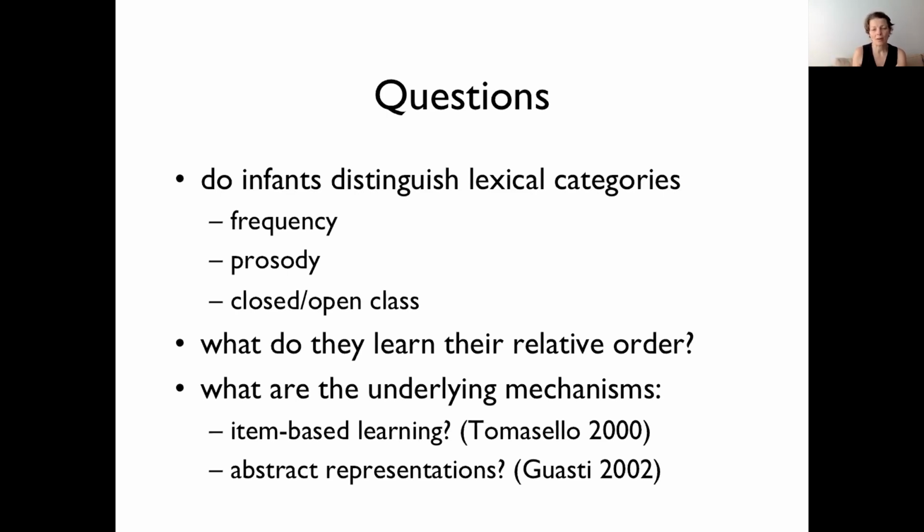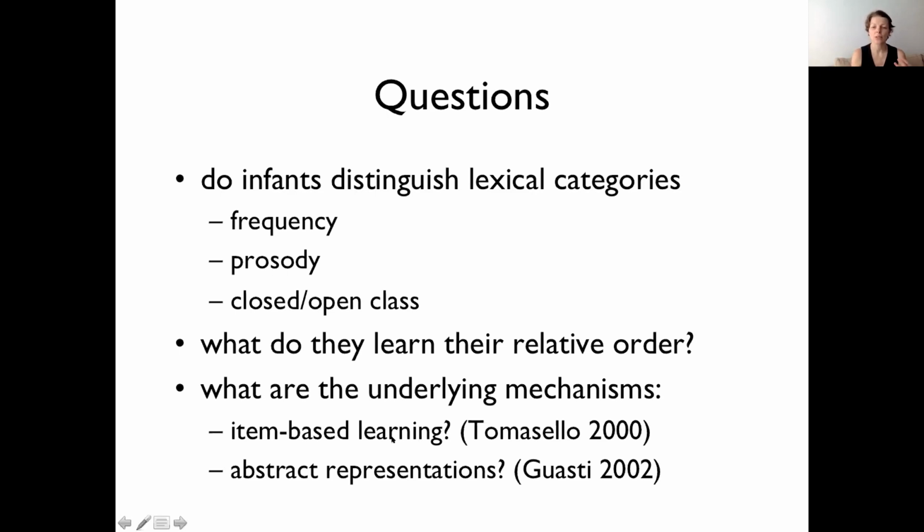The other family of theories obviously says the opposite, that there is some kind of basic but already abstract representation of word order independently of lexical items from the beginning. And so if we find that babies already have some knowledge about the basic word order earlier than they start to have a lexicon, then of course that is an argument in favor of the abstract representational theory.